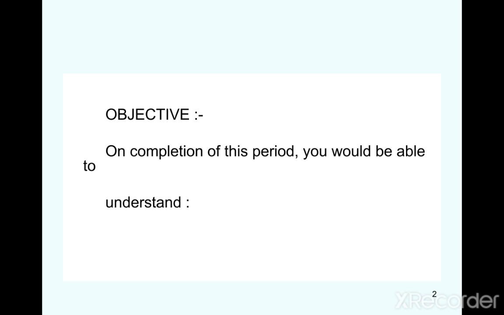On the completion of this period, you would be able to understand the working of the PNP transistor.